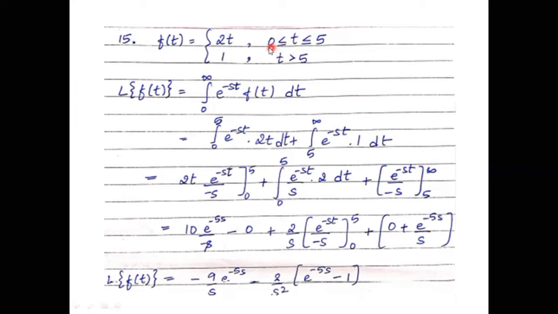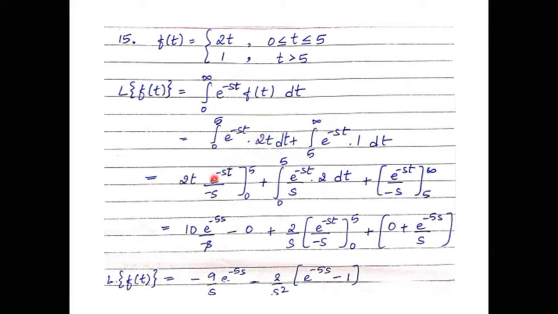So for 0 to 5 I have written f of t as 2t, and for t greater than 5, that is 5 to infinity, I have written f of t as 1. After that I have continued with the regular integral. Here I have used integration by parts. I have taken this for differentiation and this for integration.